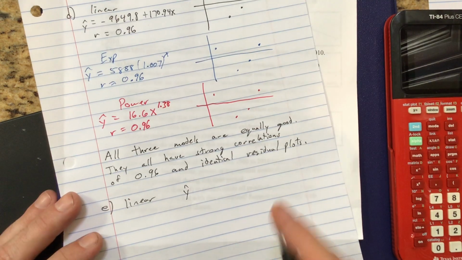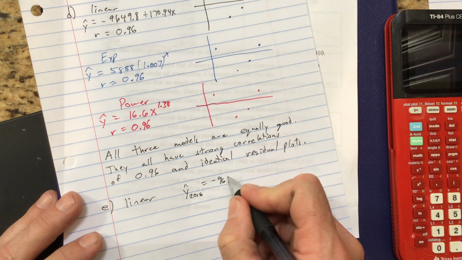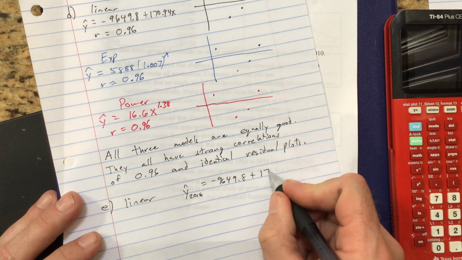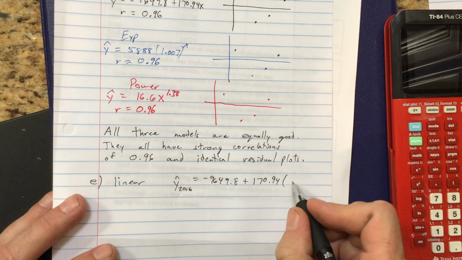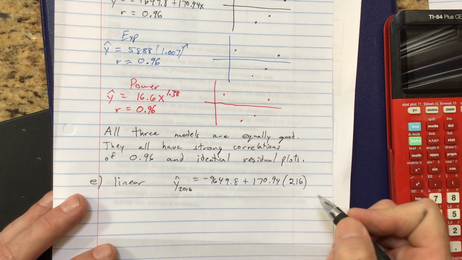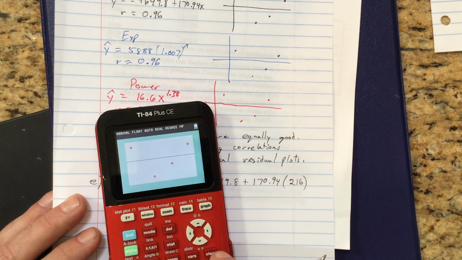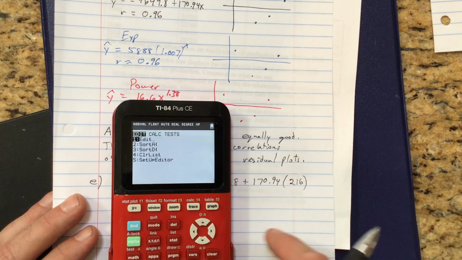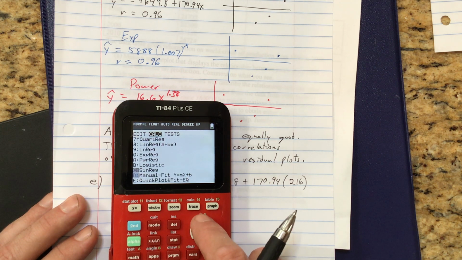What was it? 2016. Let's see, 2016 would be 216 years after 1800. I'm not sure what I have stored where, so I'm going to just be safe here and recalculate the exponential regression.